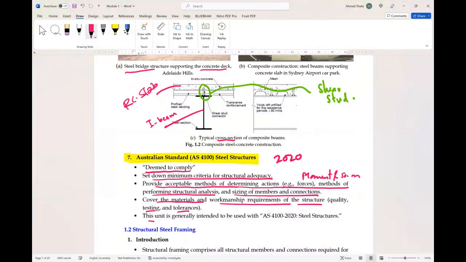This unit is generally intended to be used with AS 4100 2020 Steel structures. As mentioned earlier, this is the latest version of the standard.